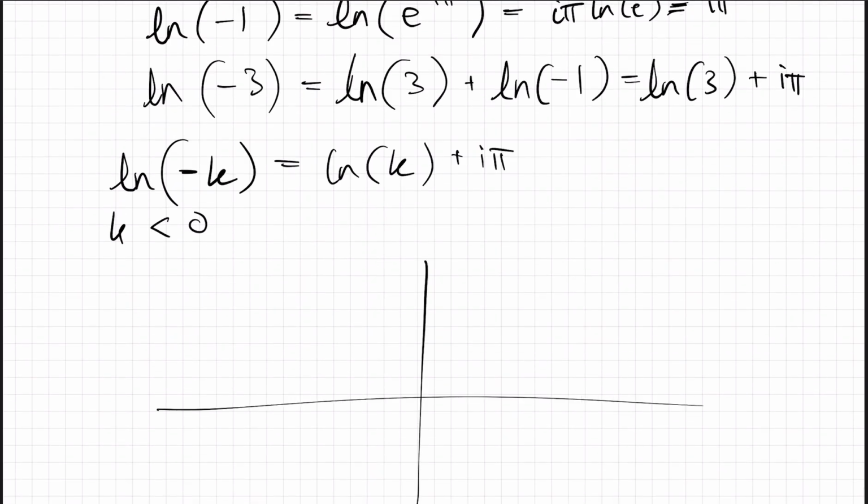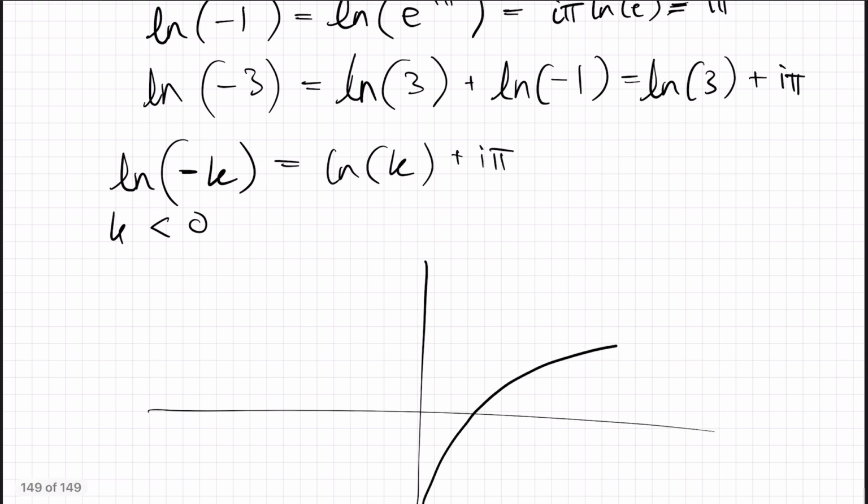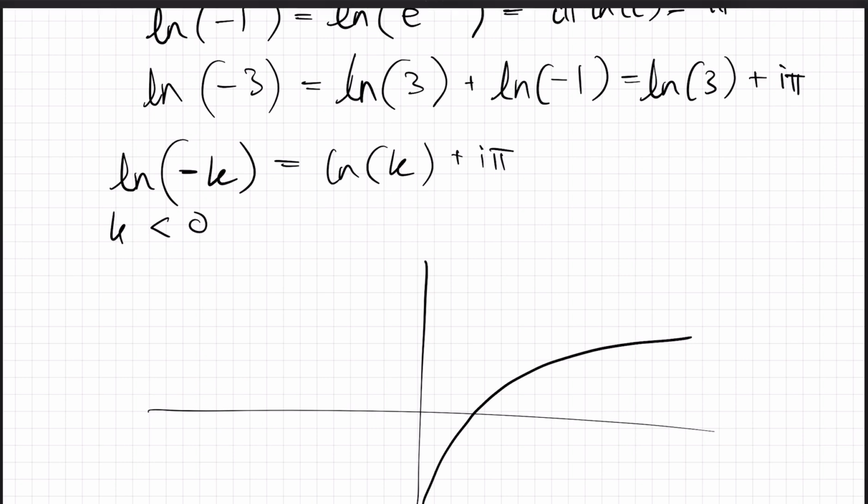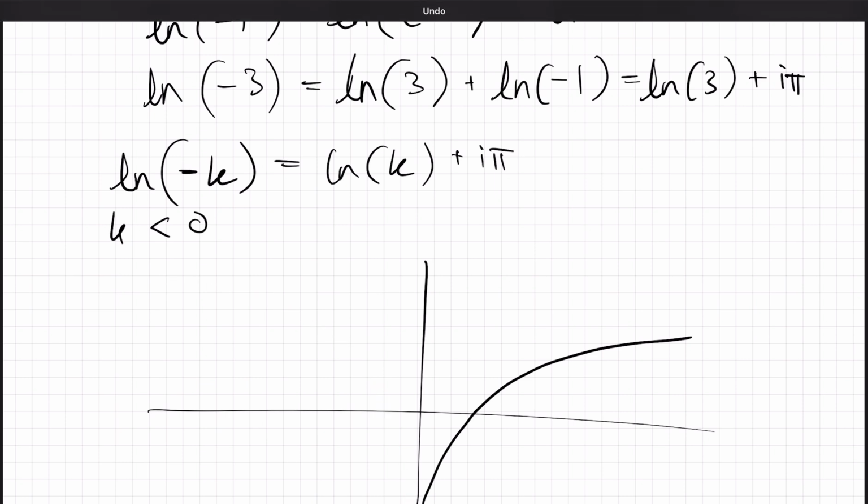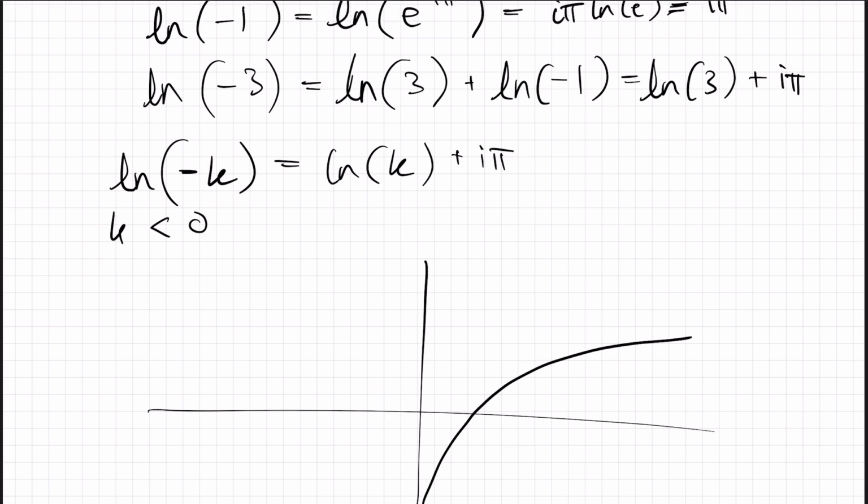So you can see here that the complex part of the natural log of a negative number is always the same, and the only thing that changes is the real part. So that means, let me try and draw this a bit better. Yeah, that's good enough.